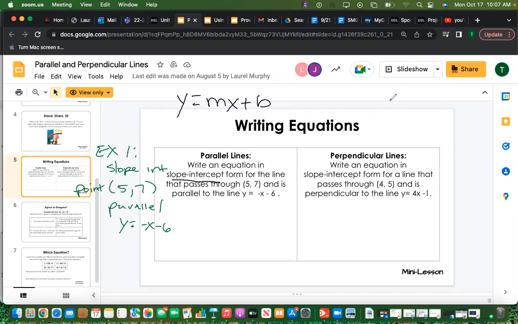There's another equation that you might want to know. It's called point slope form. And that's going to look like this: y minus y1 equals m times x minus x1. Again, this is called point slope form. I would know that one by heart.